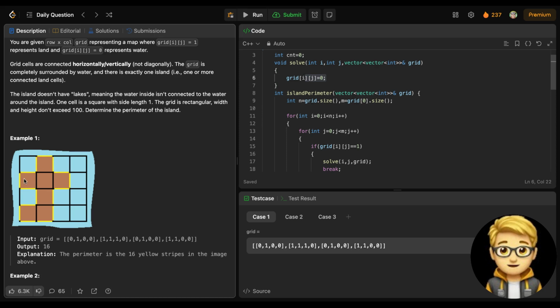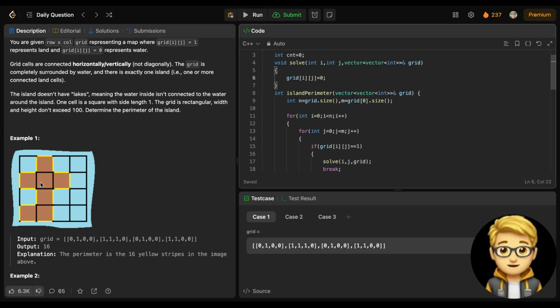I go to here, this 0 comma 1 comma 0, and I have already visited 1 comma 1, and I have already marked it as visited. If the adjacent cells of the current cell are 0, meaning water, or out of boundary, then I will consider that side as part of my perimeter.